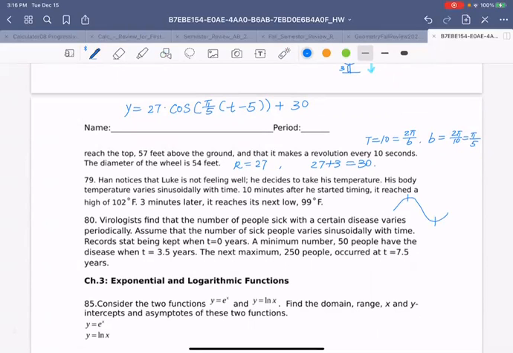From the peak to the trough, it's a half period. So the t over 2 is going to be 3 minutes, right? So t is equal to 6, which is 2 pi over b.